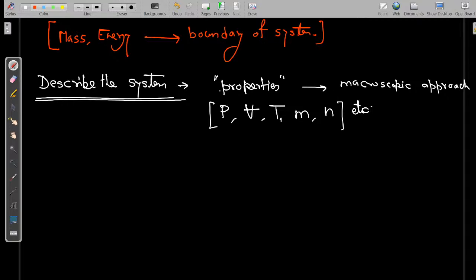Okay, then comes how can we describe. Okay, let me tell. First of all, there are two types of properties. First one you all know, intensive, and second one is extensive.